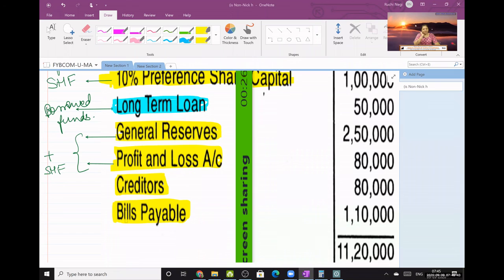Quick current liability. Yeah, I wanted to be more specific. Yeah, quick current liability. Yes, these two are quick liability. So in this sum, non-quick is not there. Quick current liability. Okay.